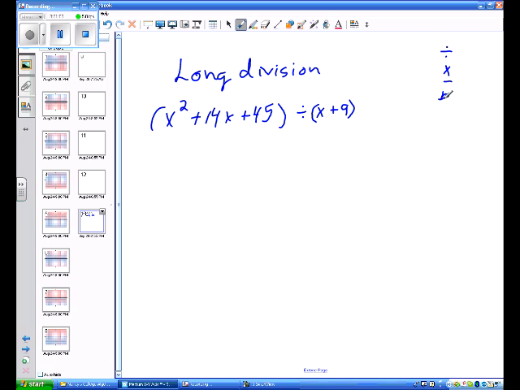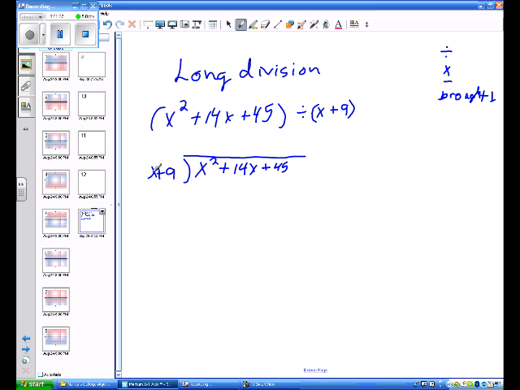Those were the steps you would go through as you used your long division. We're going to do the same thing here. So we're going to write our dividend, x squared plus 14x plus 45, and divide it by x plus 9.